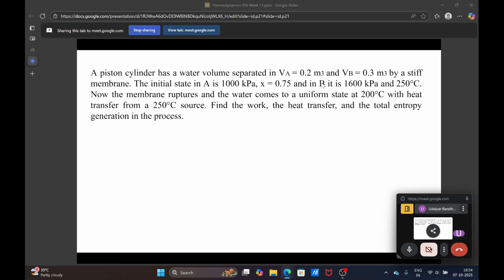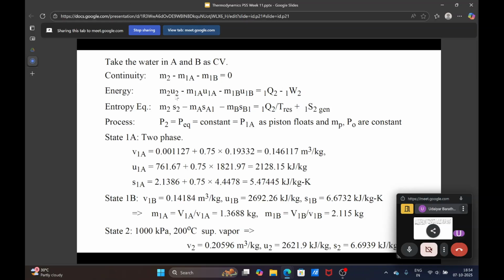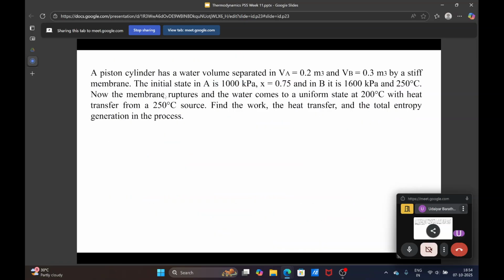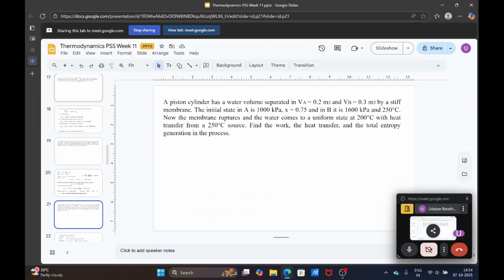So here this is not a rigid vessel but a piston cylinder arrangement. There is a piston, I think it is better to draw.